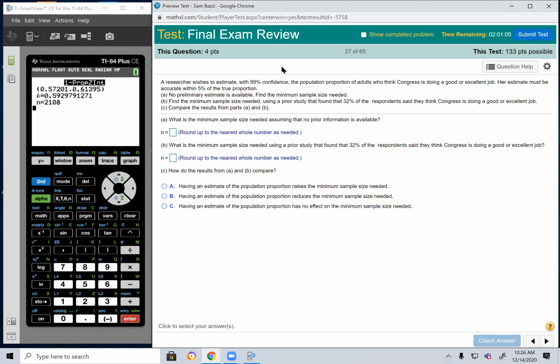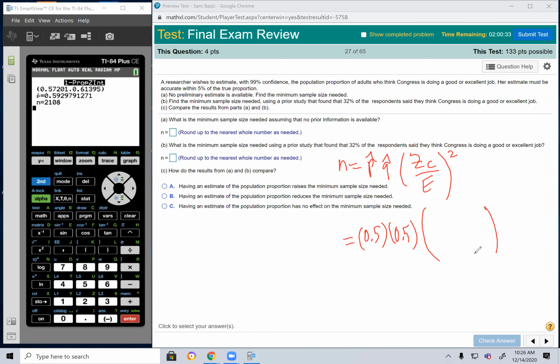You will be provided with the formula if you need to use a formula that's not built on your calculator. If no preliminary estimate is given, guys, as I told you before, your P hat and Q hat, you have to use 0.5 each.